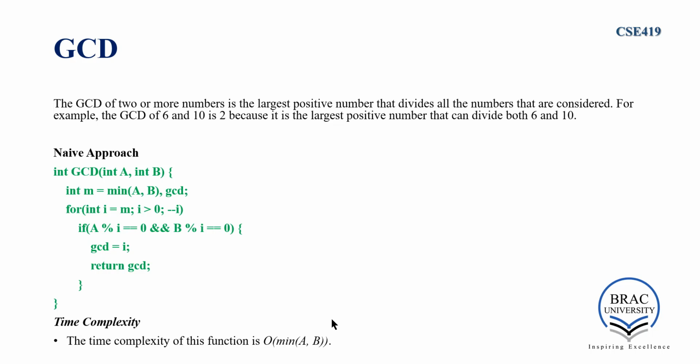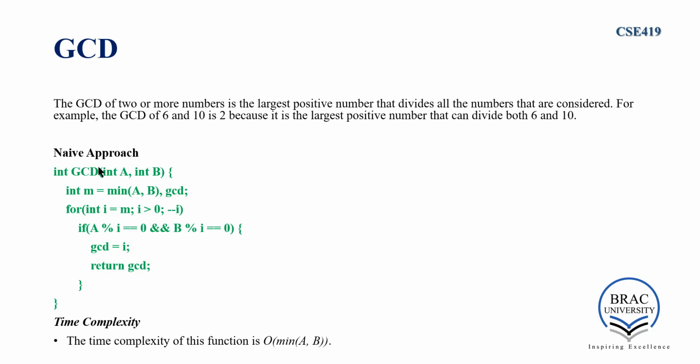Just like 29 and 30. In case of these two numbers, you have to start from 29 and end at 1. So you are iterating the whole loop from 29 to 1, right? So the complexity for these numbers will be 29. So this is how you will find out the time complexity of the naive approach.